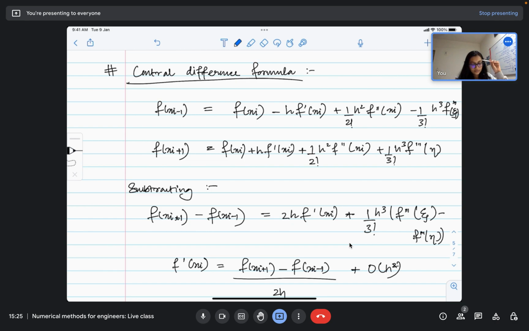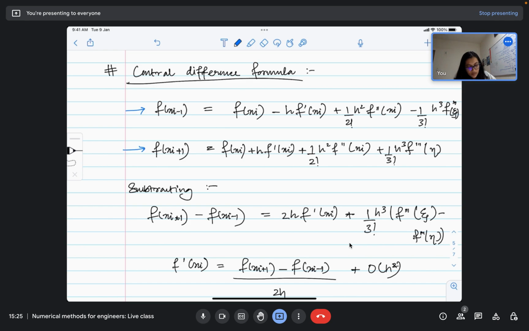Okay, so in the case of the central difference formula, first we need to write the expression for f of xi minus 1 and f of xi plus 1 with the help of Taylor series expansion.